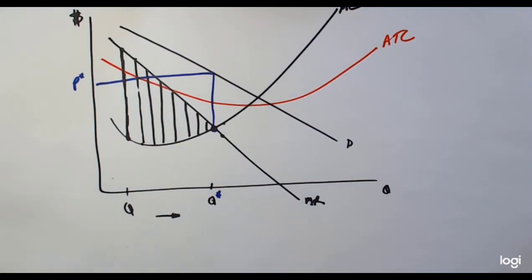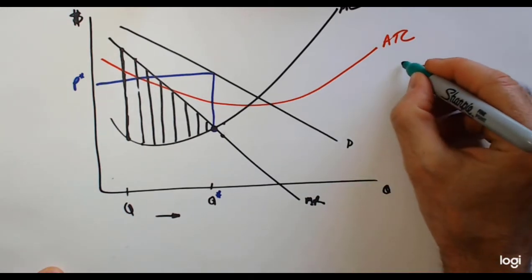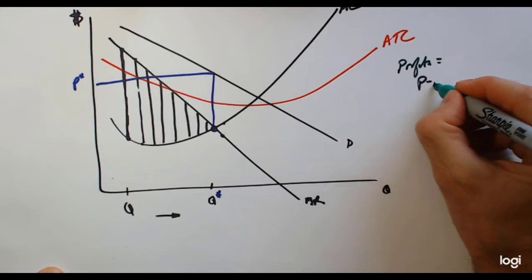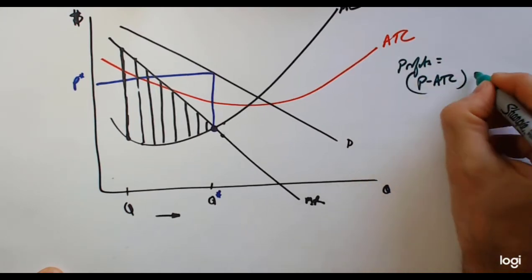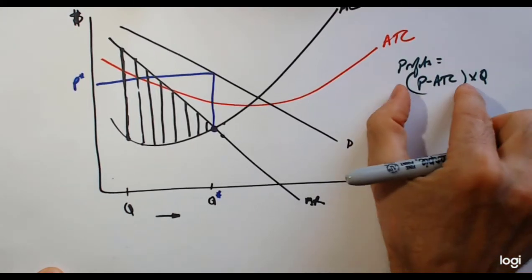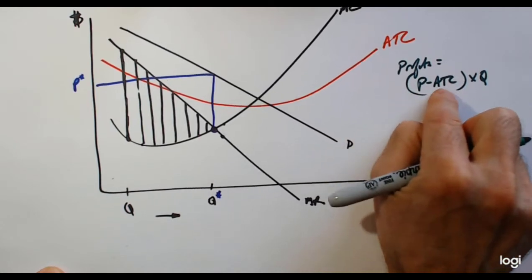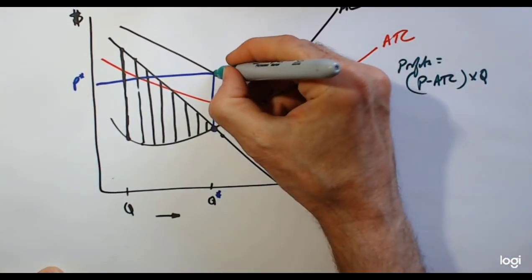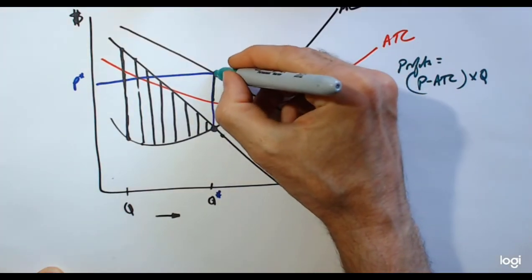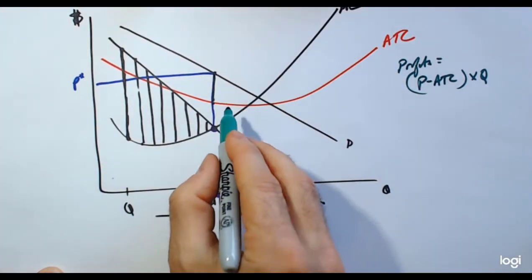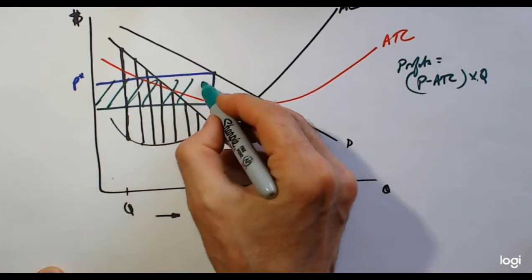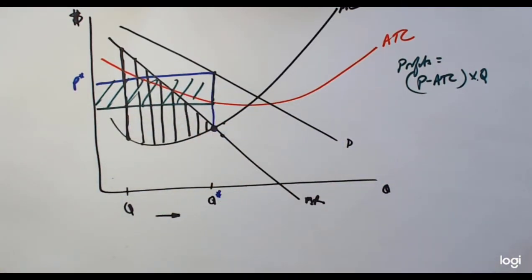To determine profitability, we need, remember, profits equal price minus average total cost times Q. So you want to maximize this difference, this price minus average total cost. And so, look at here. Here's price. Here's average total cost times the quantity. And here you have the profits that are established by a monopolistic firm.